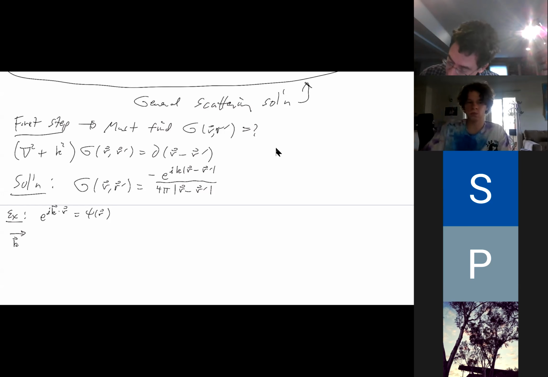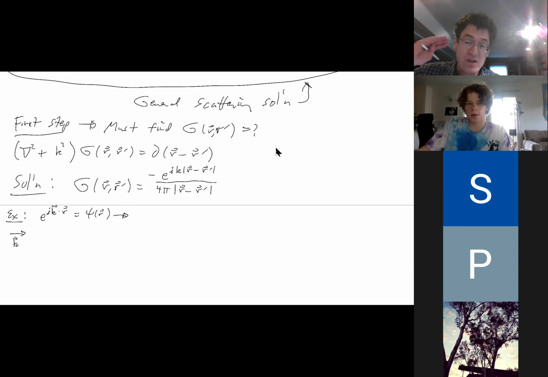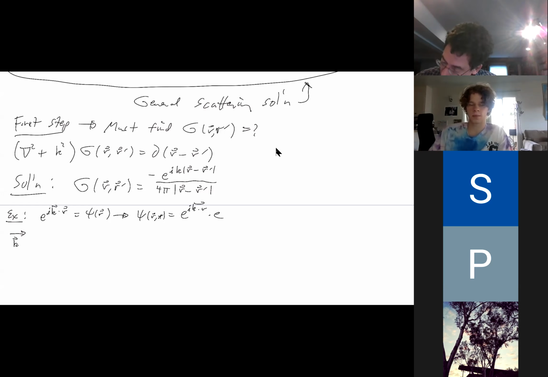That's exactly right. Because if this is an energy eigenstate, and that only works for energy eigenstates, by the way, then I can say that psi of r, t is equal to e to the i k dot r times the time-dependent phase factor that comes with energy, which is e to the negative i E t over h bar.